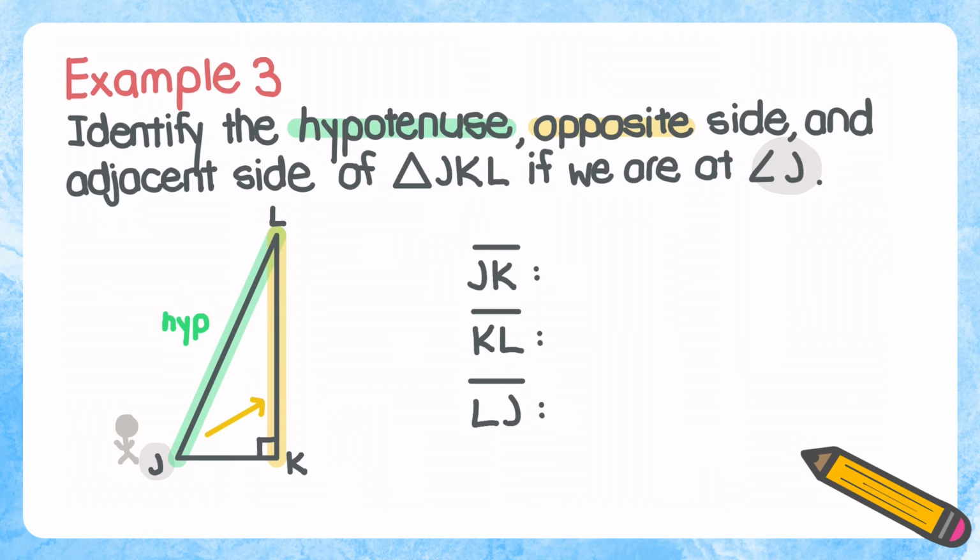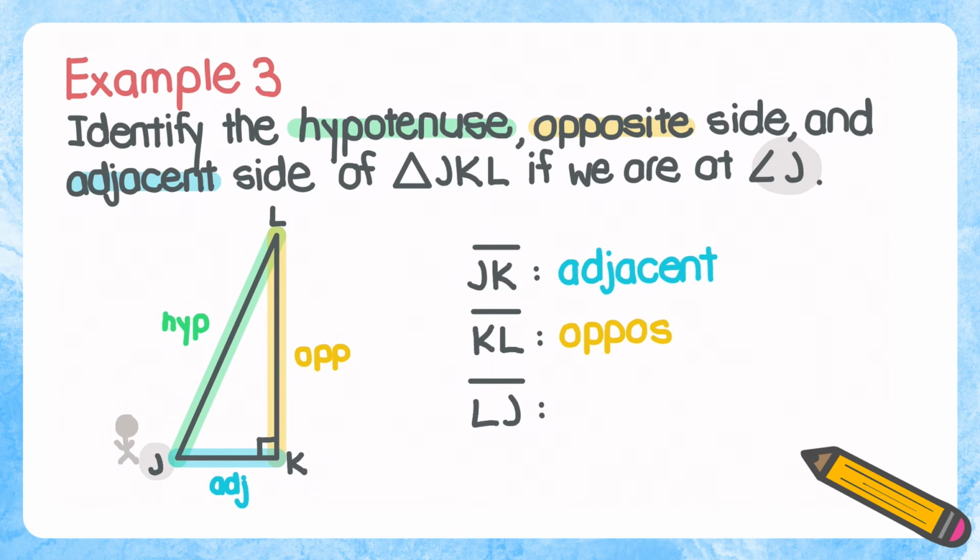So this side right here is our opposite side. And lastly, the adjacent side is the side right next to us. So this side right here is our adjacent side. So in this example, side JK is our adjacent side. And side KL is our opposite side. Lastly, side LJ is our hypotenuse.